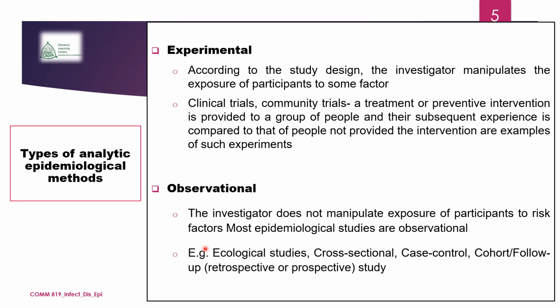Examples of observational studies include ecological studies, cross-sectional study, case control, and cohort, which could be retrospective or prospective. Okay, all these. But one of the very important ways to know whether an epidemiological study is experimental or observational is that you must ask yourself this question. One, did you manipulate the exposure factor? Did you randomize any of the subjects?